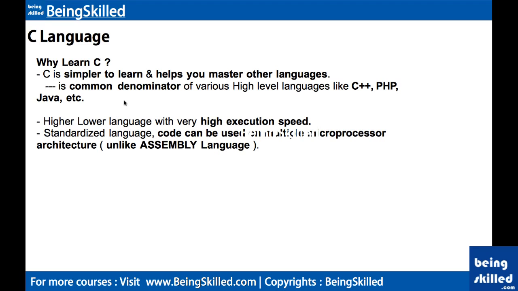So assembly language is dependent on the microprocessor family, while C is a standardized language and doesn't depend on microprocessor architecture. We will understand what it means in later videos.